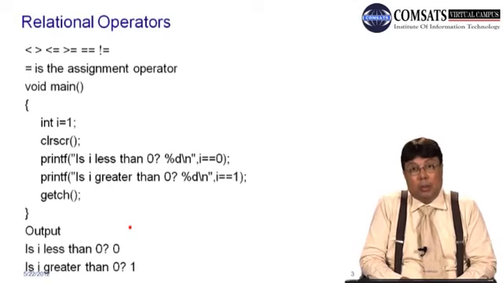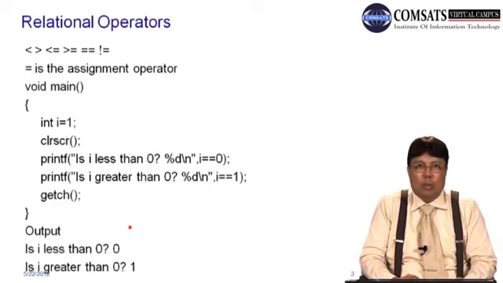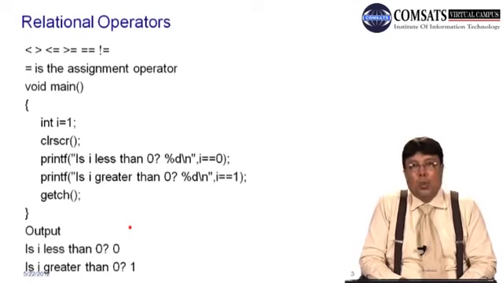First of all, relational operators: when we have to compare two values together, whether A is equal to B, less than B, greater than B, less than or equal to B, greater than or equal to B, or not equal to B. Also remember that two equal signs used in pair define the equality operator.